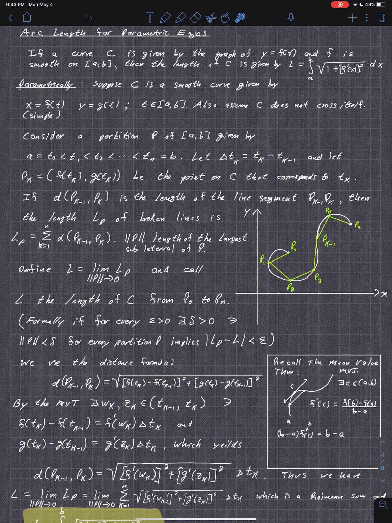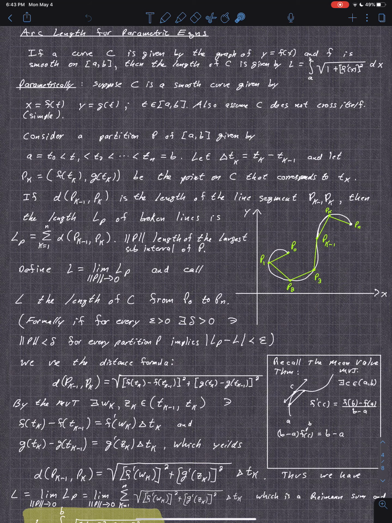All right, so then consider a partition of AB given by this, which should look familiar, and let delta t sub k be t sub k minus t sub k minus 1. That's the difference of the larger value and the smaller value. And let p sub k be the point defined by the parametric equation, so it's f of t sub k, g of t sub k.